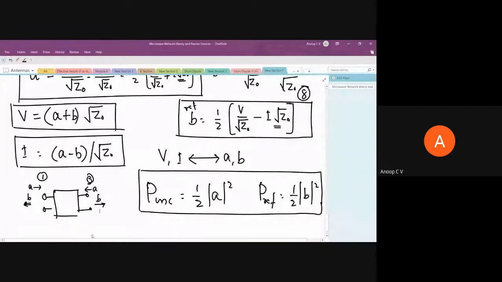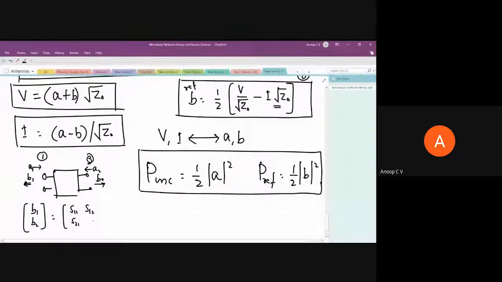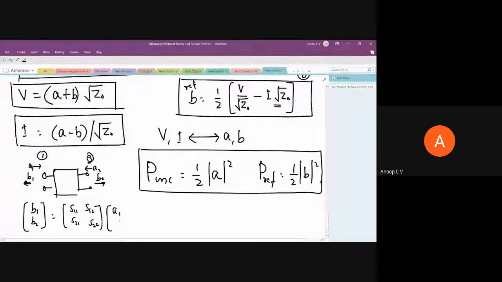So the S parameter network, I'll call them B1, A1 and B2, A2. So B1 and B2 in S parameter equivalent can be represented as the matrix S11, S12, S21, S22 times A1 and A2. So this is the S parameter equivalent, and that is what we are going to see in the next class.